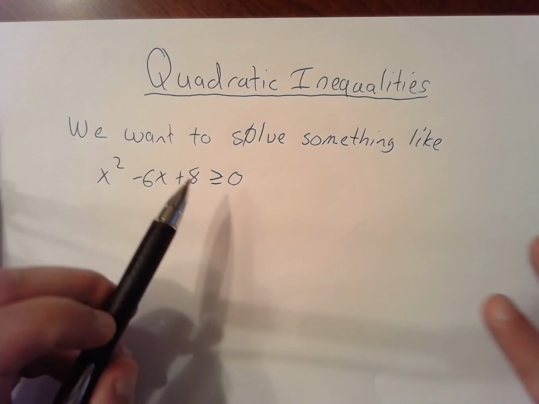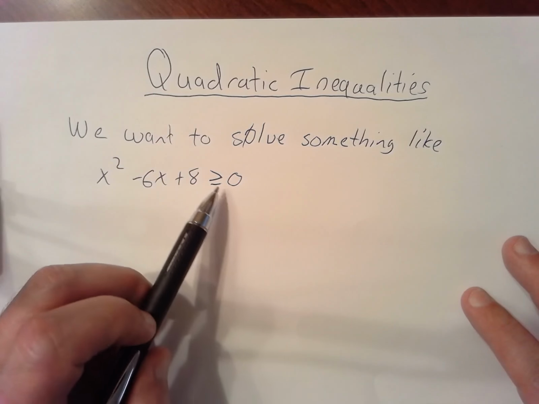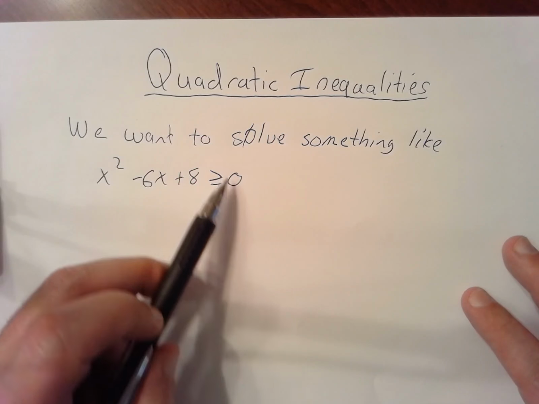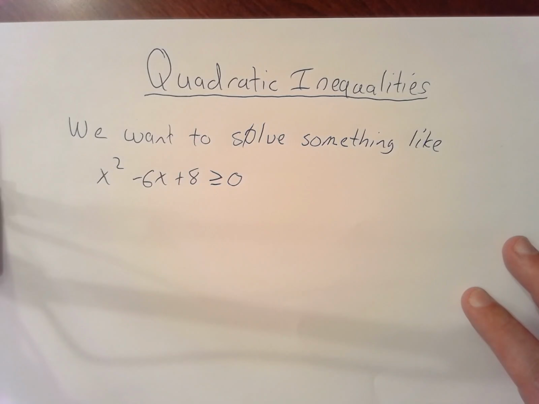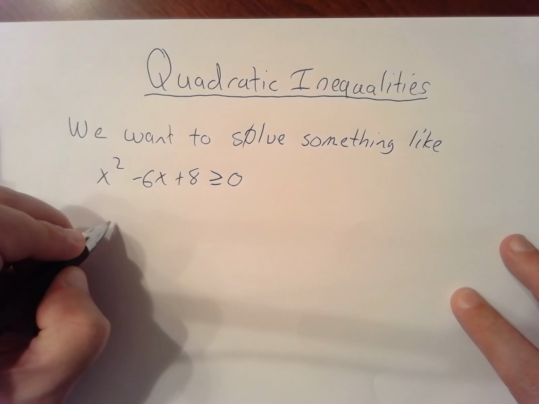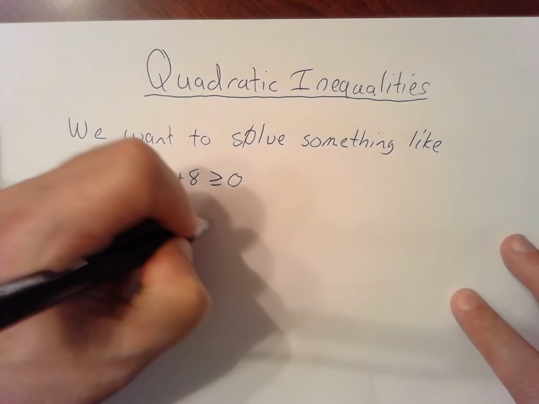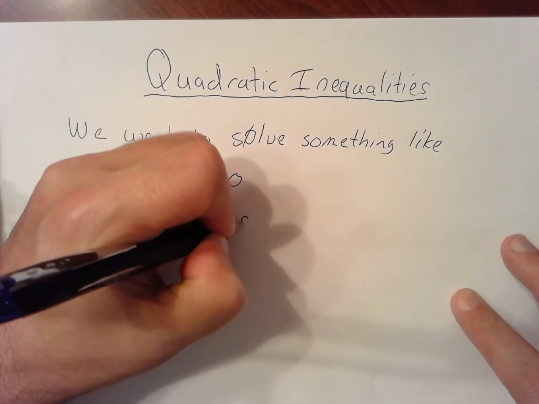Okay, so our goal here is to solve something that looks like this, some quadratic with a greater than or less than. We may or may not have a zero on the other side. The way we're going to do this is first, make sure we get a zero. So our first step, get zero on one side.